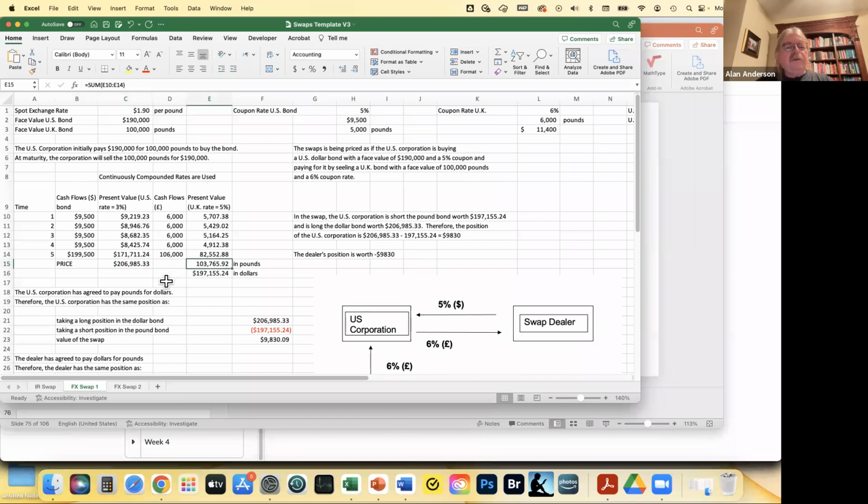And the pound bond is worth about 103,765 pounds. Now, if I multiply the pound price by the exchange rate, that means that the price of the pound bond is only $197,000. So if I'm the owner of the US bond and I've sold the UK bond, I'm ahead by about $9,800.